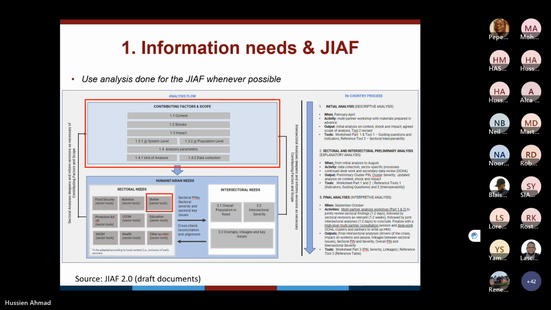We use key informant data. If we don't have key informant data, we use direct observation by our operational partners who are working on the ground, so what they see on the ground. If we don't have that presence, we use any other secondary data analysis. So this is a sequence of data sources, from high granularity up to secondary data sources.